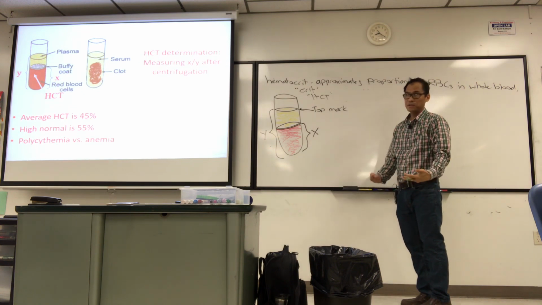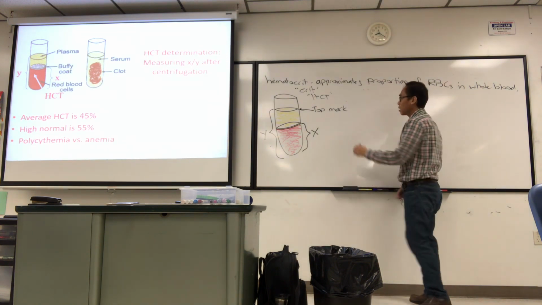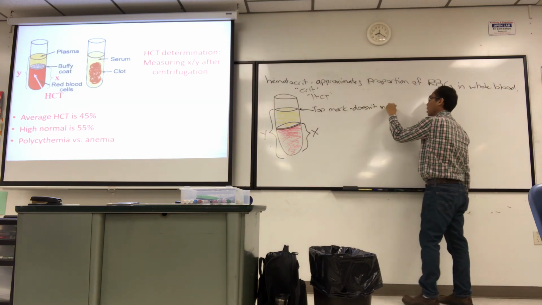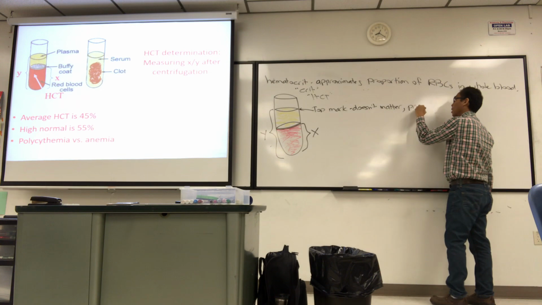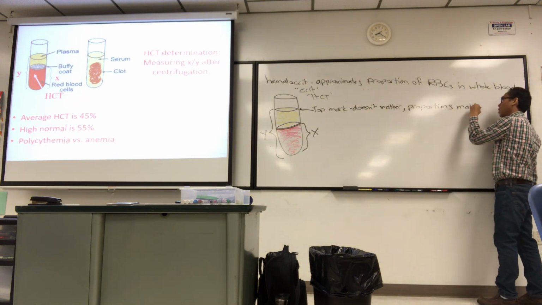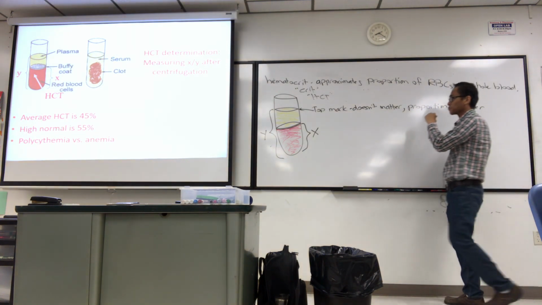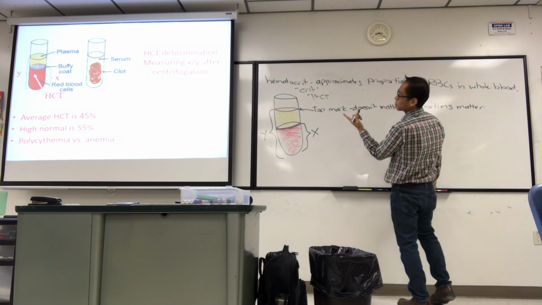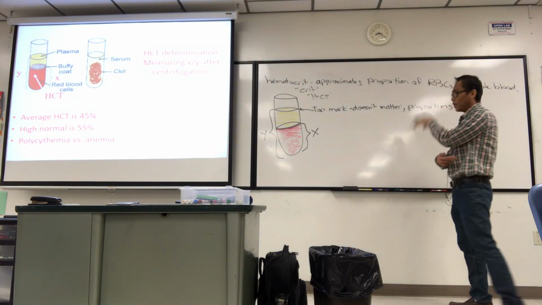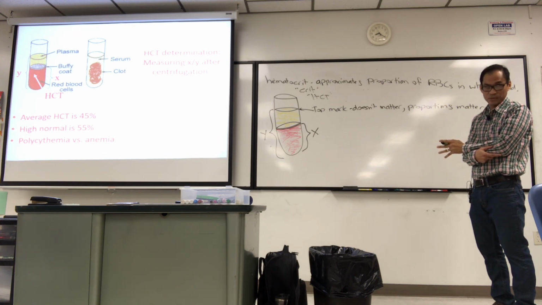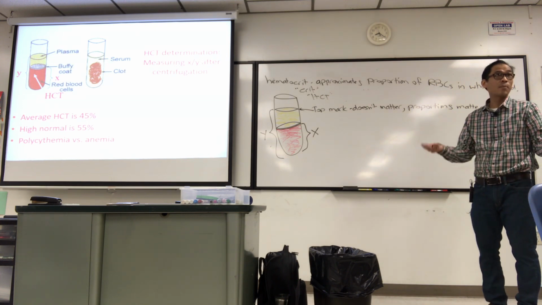The proportions matter. So if you could measure the proportions, normal HCT, let me give you a range, 37 to 54%. It's a unitless number because it's a proportion.